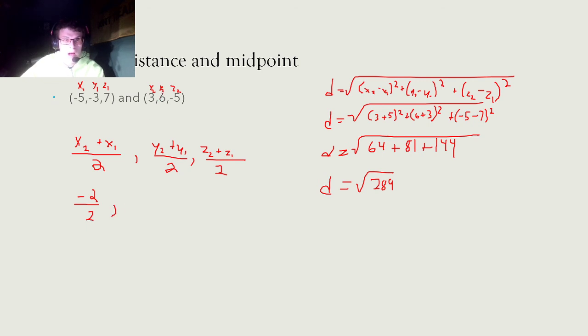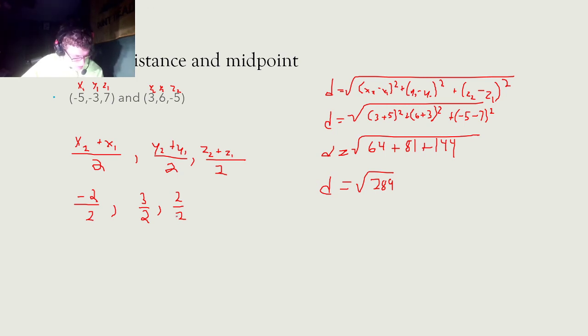And then my y2 plus my y1, 6 plus a negative 3, gives me, sorry, a positive 3 over 2. My mistake. And then my z2 plus my z1, so negative 5 plus 7 gives me, again, 2 over 2.